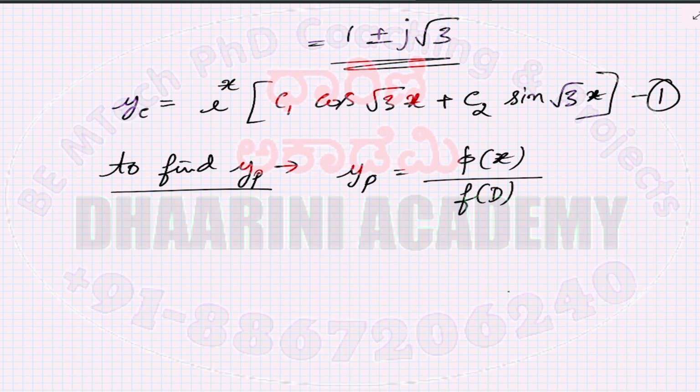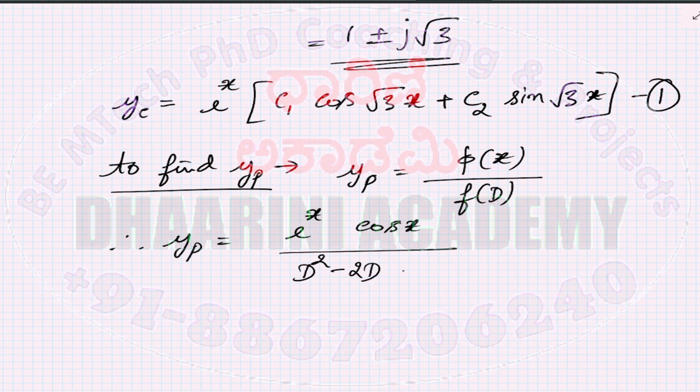Okay, now yp can be calculated as, from the given equation, this is e to the x into cos x whole divided by the f of d we just obtained from the given equation, that is d squared minus 2 into d plus 4.